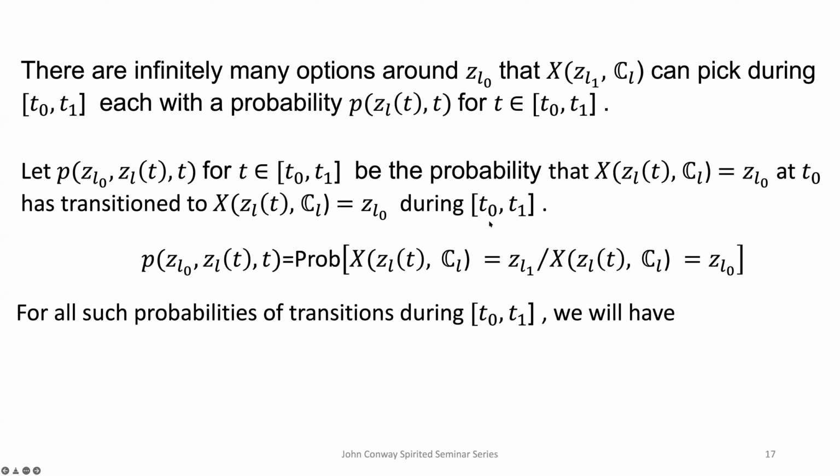Let P be the probability that the random variable X of ZL, CL, with initial value, makes a transition during this period, the time interval T0 to T1.